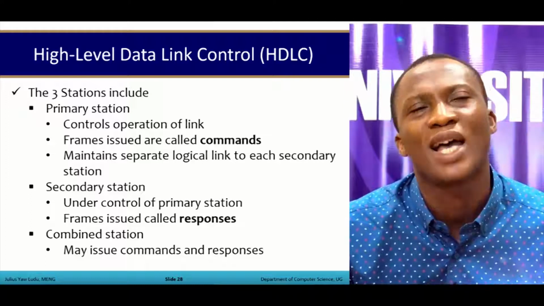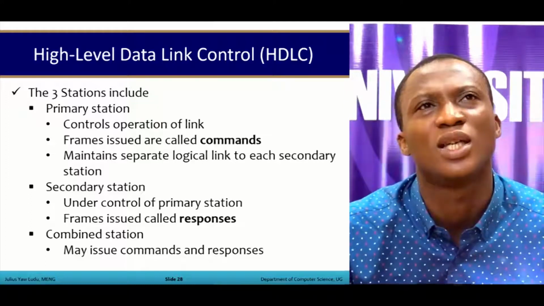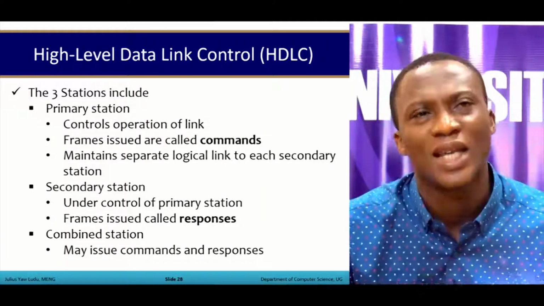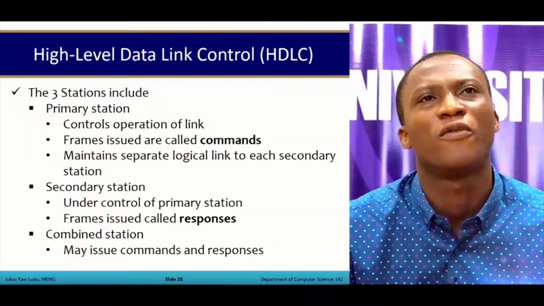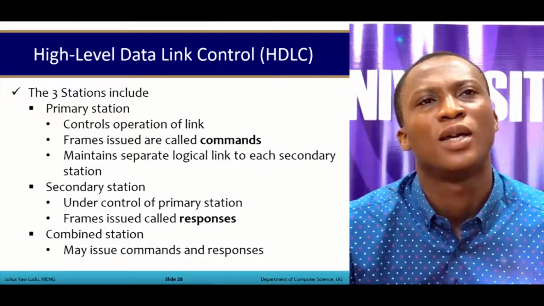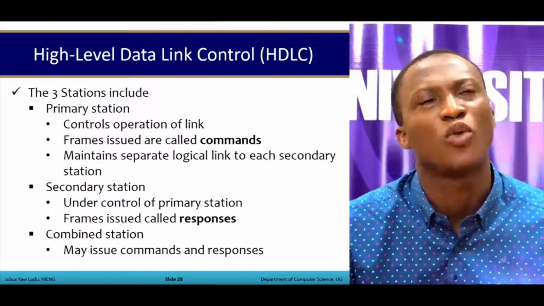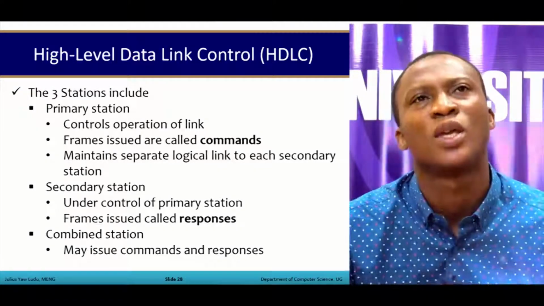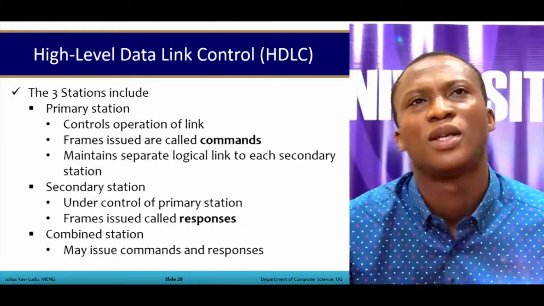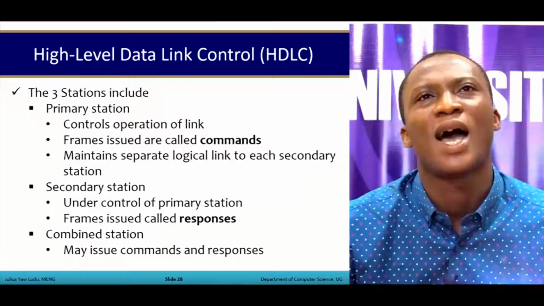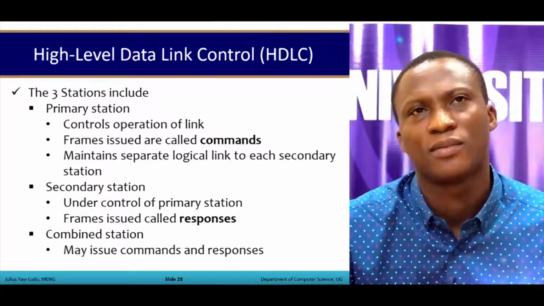Now, it has 3 types of stations. These stations include the primary station, the secondary station, and the combined station. This is the combination of both stations. So the primary station controls operations of links, and the frames that are being used here are called commands.